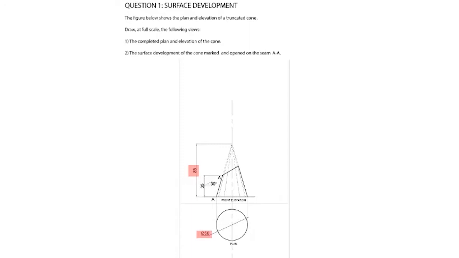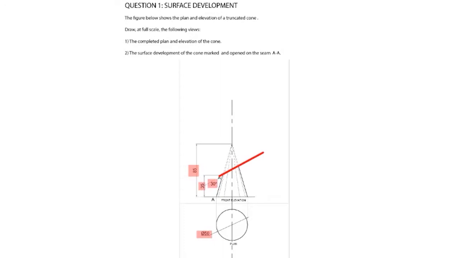The angle for this cut is 30 degrees, highlighted right here. And where do we need to start our cut? We need to start our cut at a distance of 35 millimeters up from this baseline.